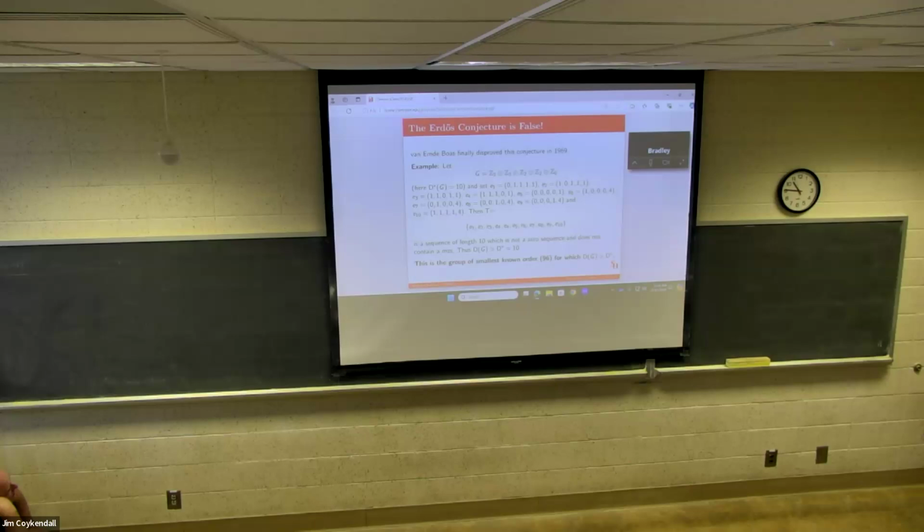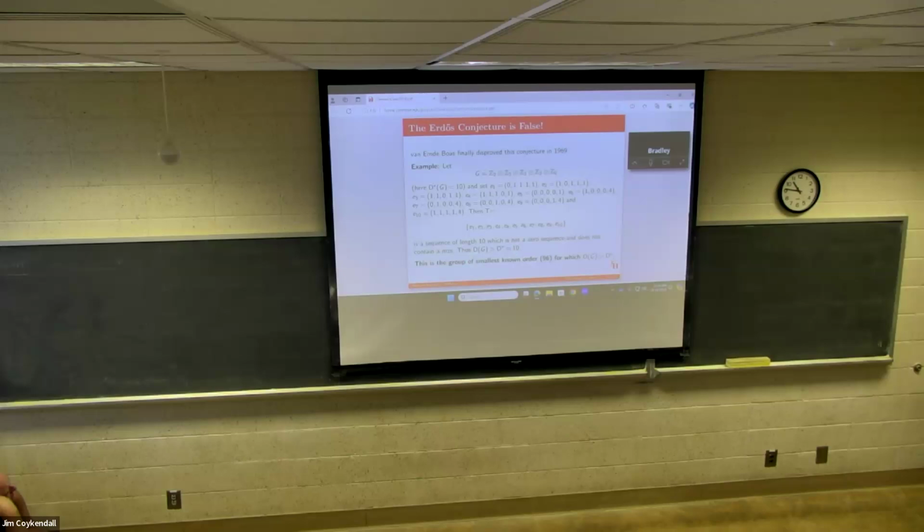But there is your minimal zero sequence. This is a sequence of length 10, which is not a zero sequence and doesn't contain a minimal zero sequence. So what you can do is sum those up, look at its inverse, throw the inverse in, and you get a minimal zero sequence of length 11, which is bigger than 10.